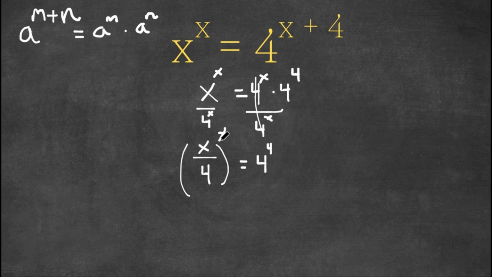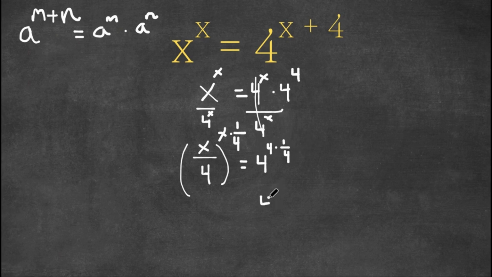Now what I'm going to do is I'm going to take the power of 1/4 on both sides. So if I take the power of 1/4 on both sides, I'm essentially multiplying all of these powers by 1/4. Now 4 times 1/4 is simply just 1, right?